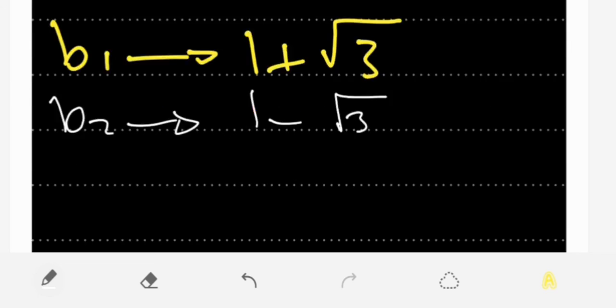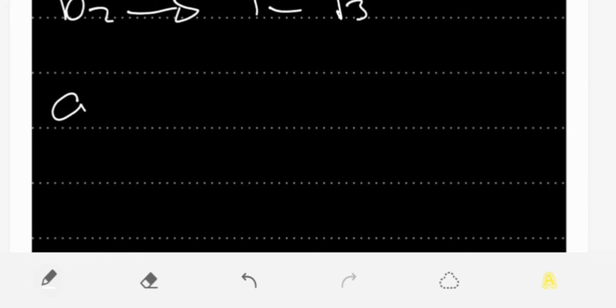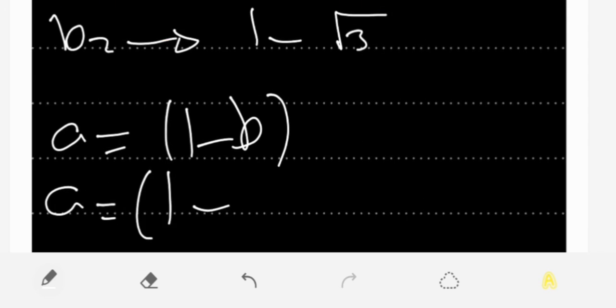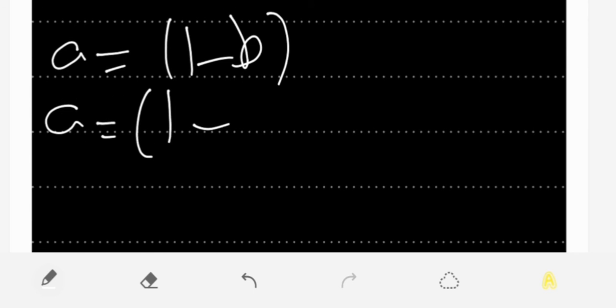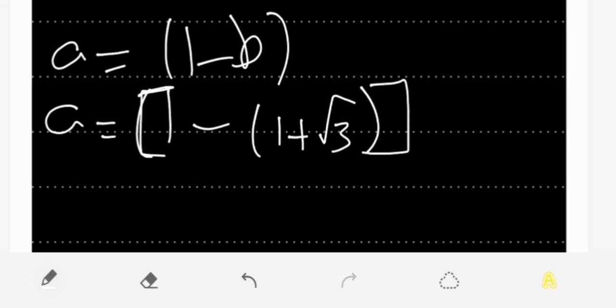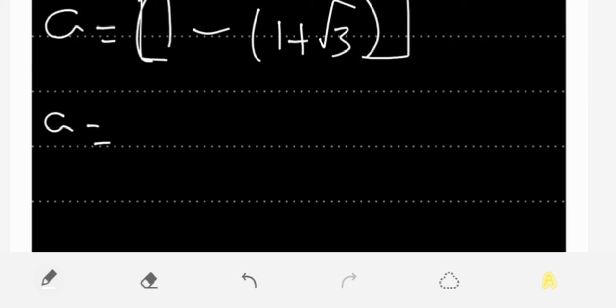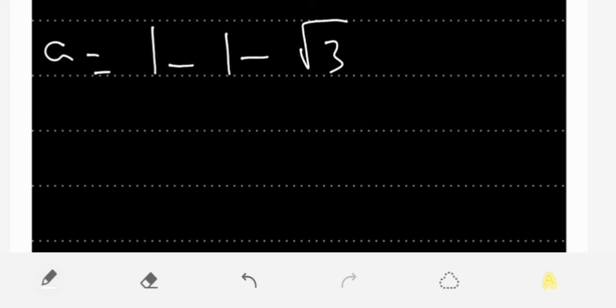So for the value of a, a is equal to 1 minus b, right? So let's find a. Well, a is equal to 1 minus, what was b? 1 plus the square root of 3. So a is equal to minus square root of 3.